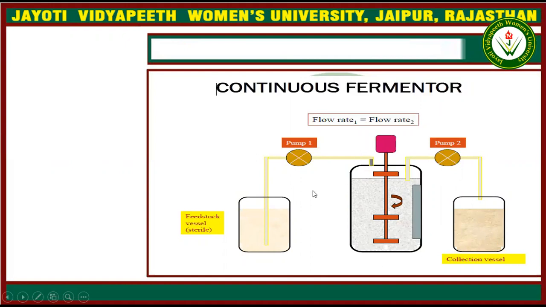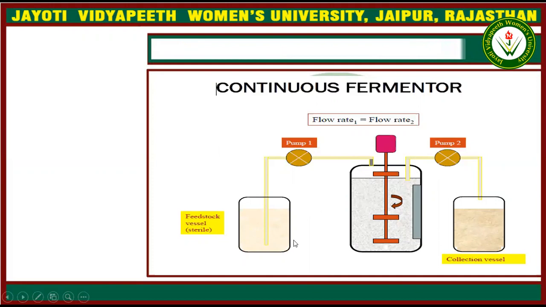And the other thing is that in the continuous stirred tank reactor the culture is continuously agitated. These are the agitators, and the tank is continuously agitated to maintain the culture conditions at a regular flow rate, so that the cells may not get attached to any surface.